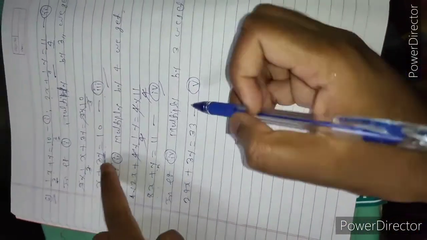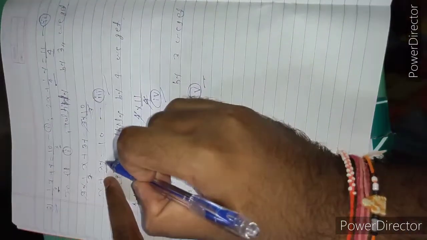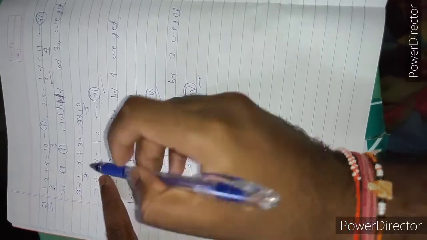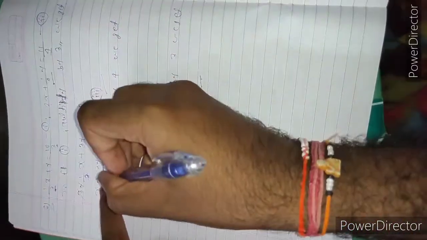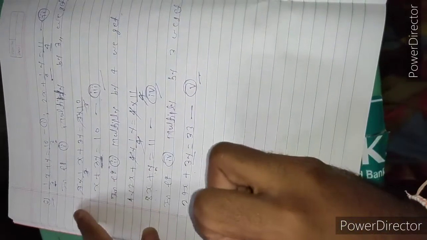Now see equation number 3 and equation number 5, here the coefficient of the variable is 3y and here also 3y. If both signs are plus, what I told you, yes, now subtract.